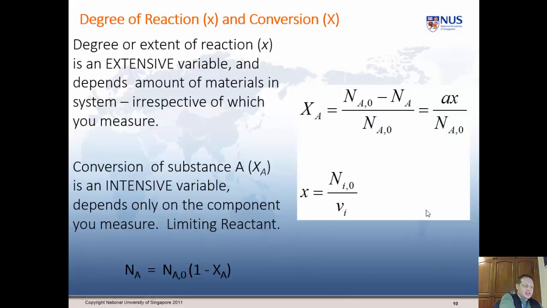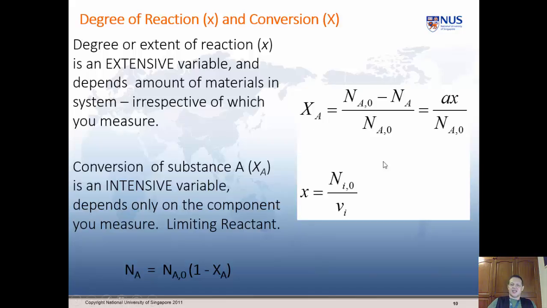Right, okay, let's now make sure we're happy about the difference, and let's define the difference between the conversion and the degree or extent of reaction, little x. So little x is extensive, depends on everything in the system, irrespective of what you measure. So it's talking about the progress of the entire reaction. Conversion is an intensive variable, and its validity is limited to what you measure.